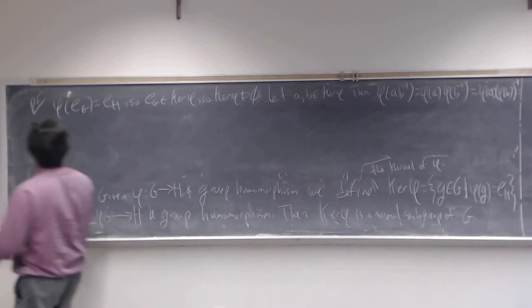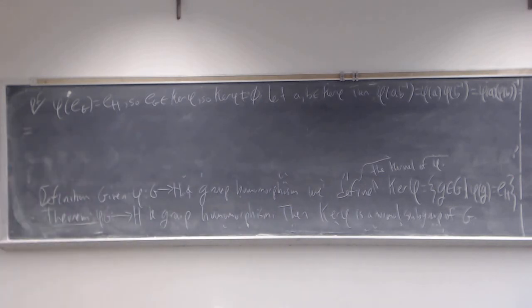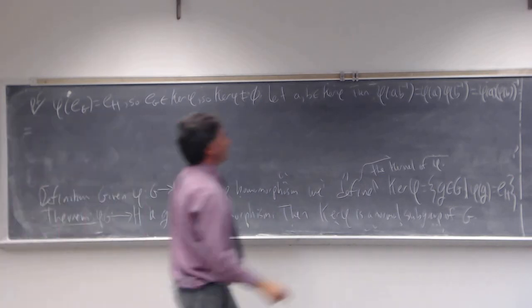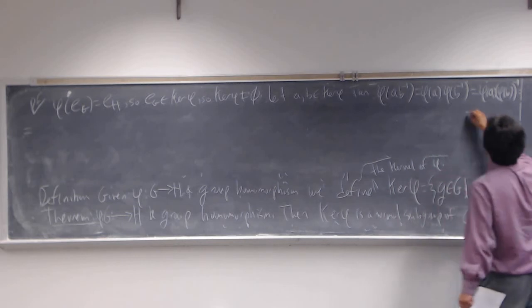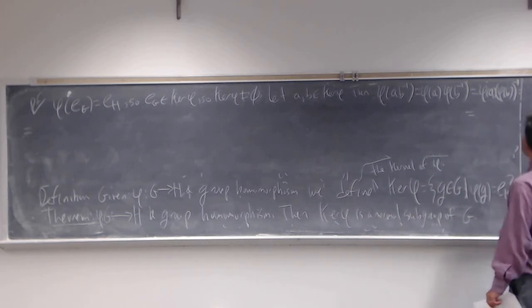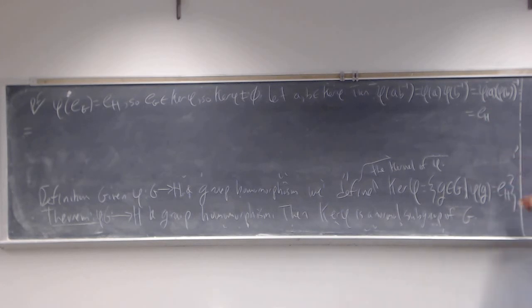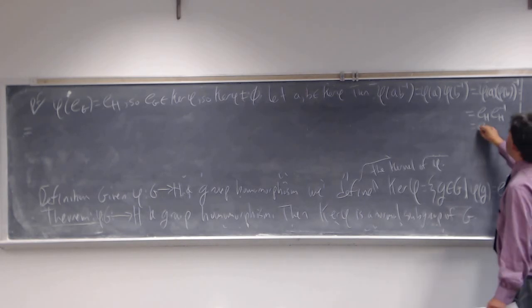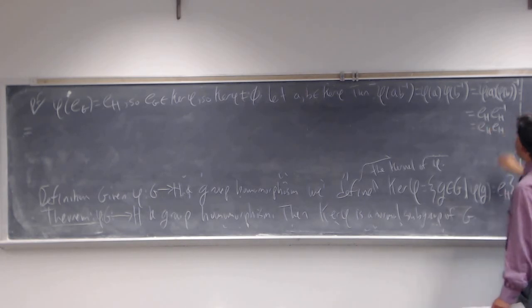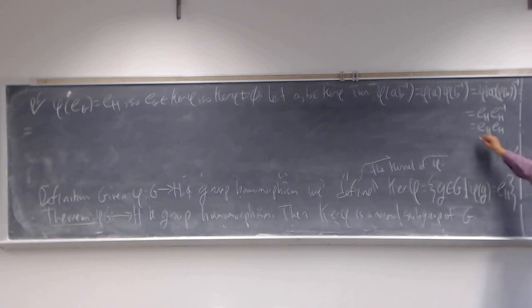So continuing on, a is in the kernel, so that means phi of a is the identity. And b is in the kernel, that means phi of b is the identity. But the inverse of the identity is just the identity, and the identity times the identity is just the identity.